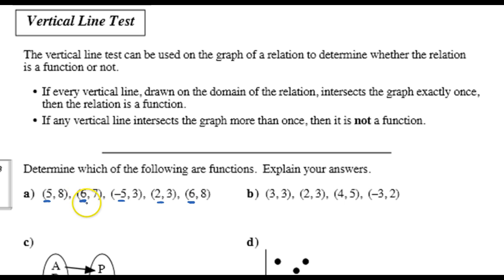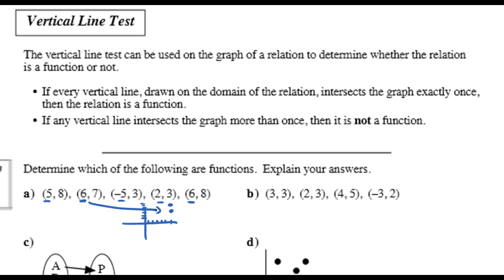Okay, this worries me right away because I have an input of 6, and here I have an output of 7. Okay, so that's in the range. And here I have an input of 6 again and an output of 8. So if I were to do a rough sketch of this graph, I would get 6 and then 7, that's that one there.